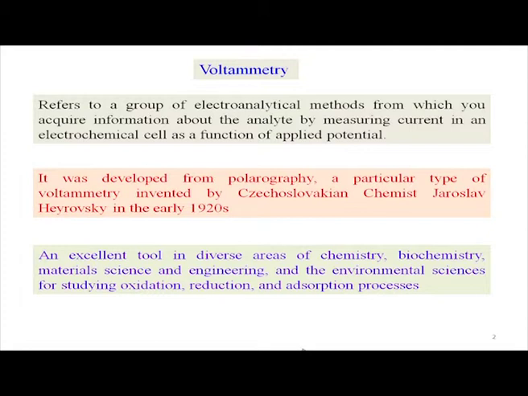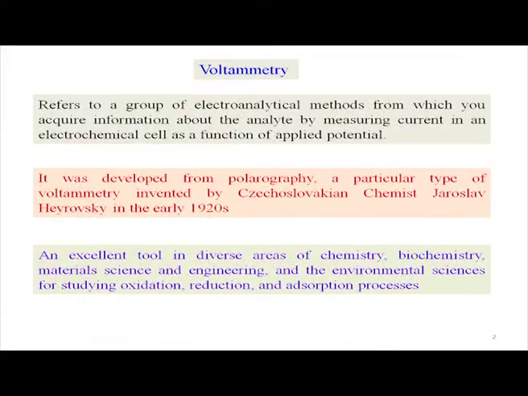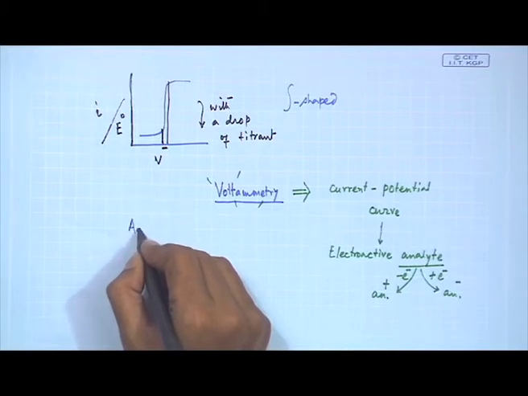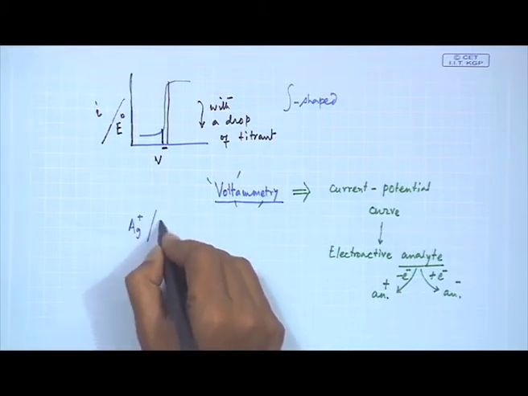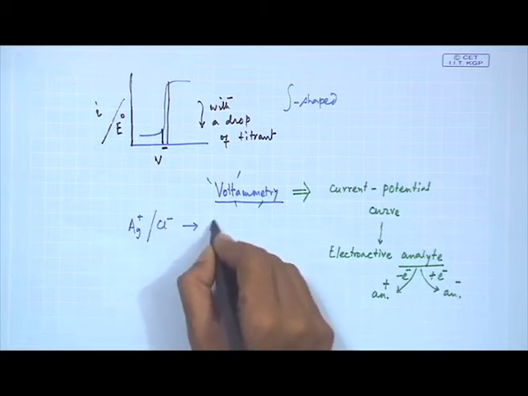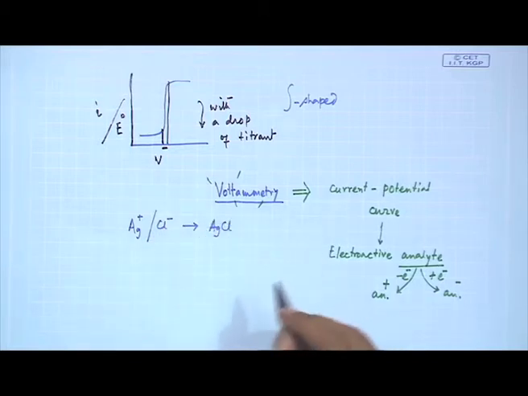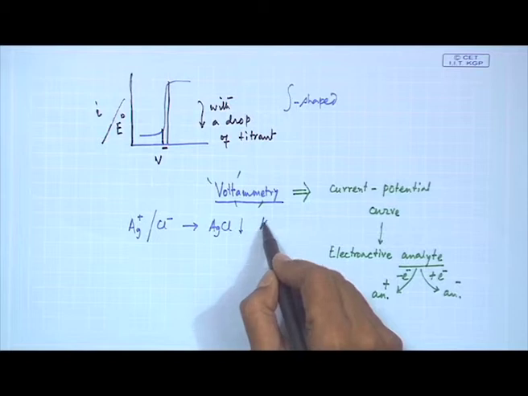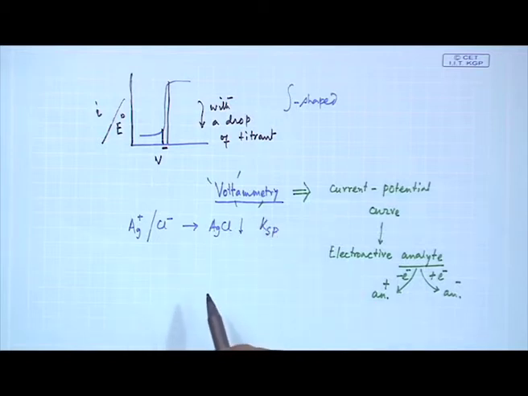So, these three things together: initially we will discuss the oxidation or reduction reactions, then finally we can think of the corresponding adsorption processes. Just now we have seen that you can get silver 0 to silver ion, and when it combines with chloride ion, you get the formation of silver chloride, which is a precipitate, insoluble in aqueous medium, having a certain magnitude of solubility product.